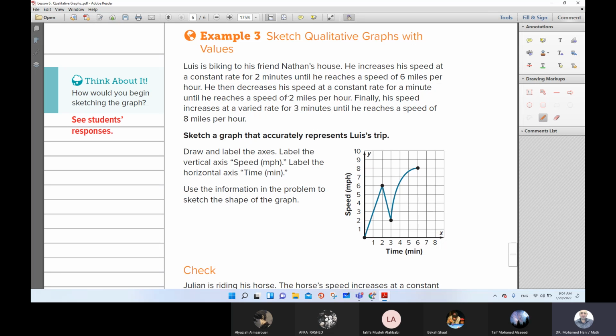He then decreases his speed at a constant rate for a minute until he reaches a speed of 2 miles per hour. Finally, his speed increases at a varied rate for 3 minutes until he reaches a speed of 8 miles per hour.